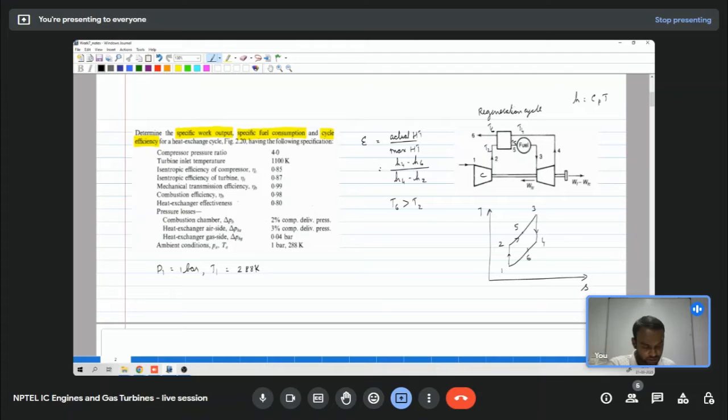So now we know that the pressure ratio from 1 to 2 is 4. With the pressure ratio we can calculate the temperature ratio, and mostly it is better to have this expression in mind, otherwise I would like to derive it.